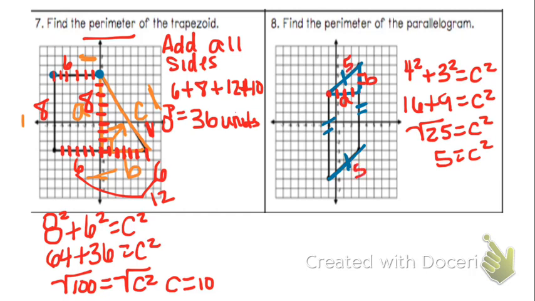Now I need to find the distance from here to here. So I'm going to count 1, 2, 3, 4, 5, 6, 7, 8, 9. So this is 9. If this is 9, then this has to be 9. So I'm going to add 9 and 9 together and get 18. I'm going to add 5 and 5 together and get 10. And that's going to give me 28. So my answer is 28 units.